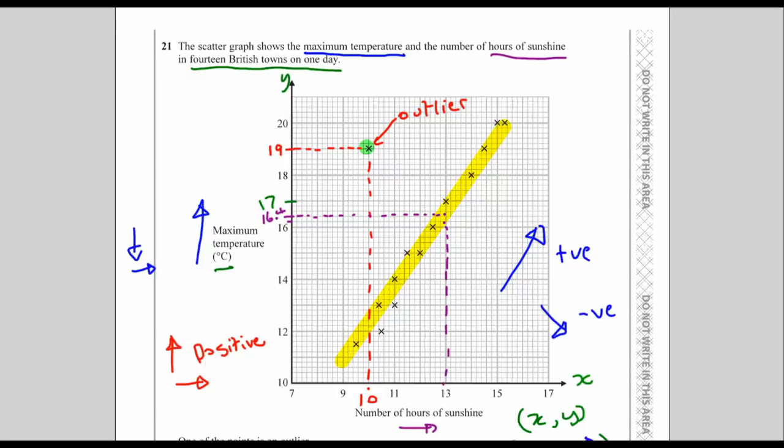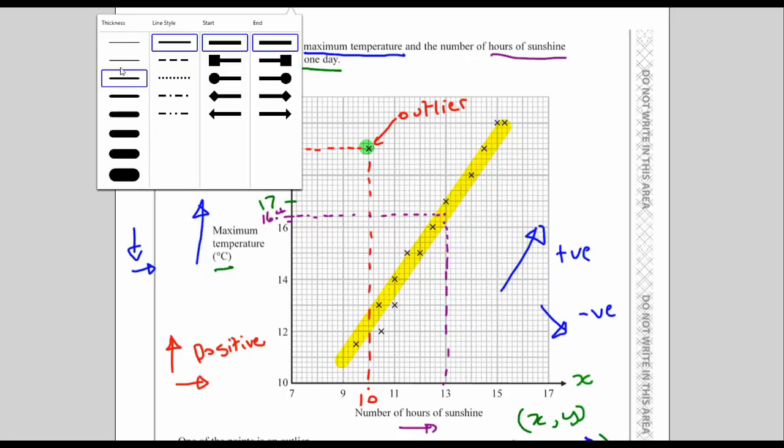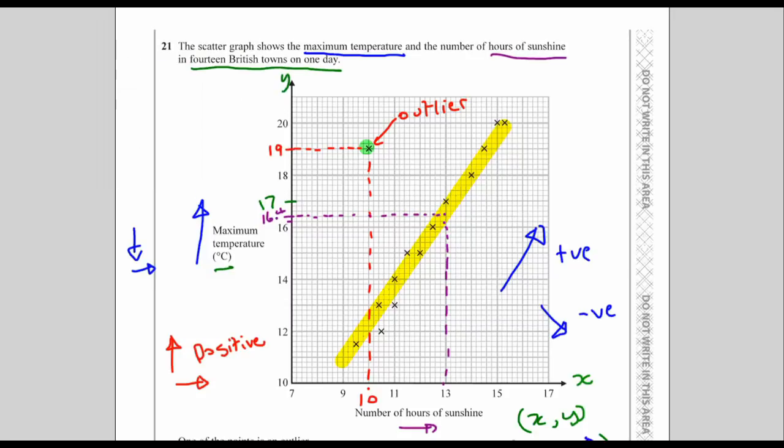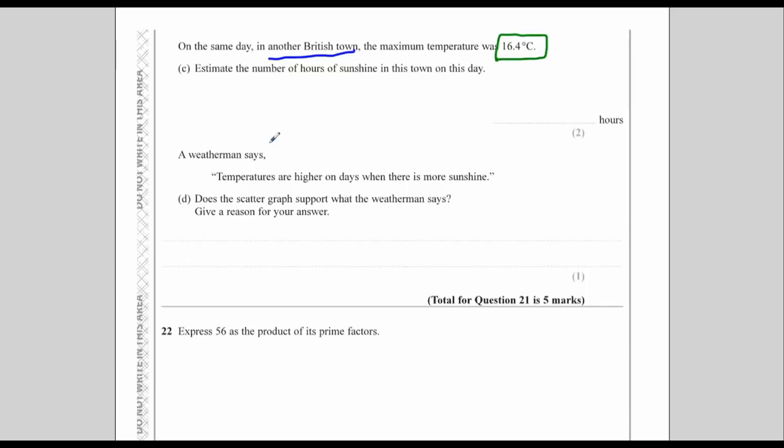Now what you might actually do instead of a highlighter in your exam is a line of best fit, which is going to be a straight line through all the points to try and get all the points in the middle. It's going to be something like that. Okay, still giving you the same answer of 13. So let's write that down.